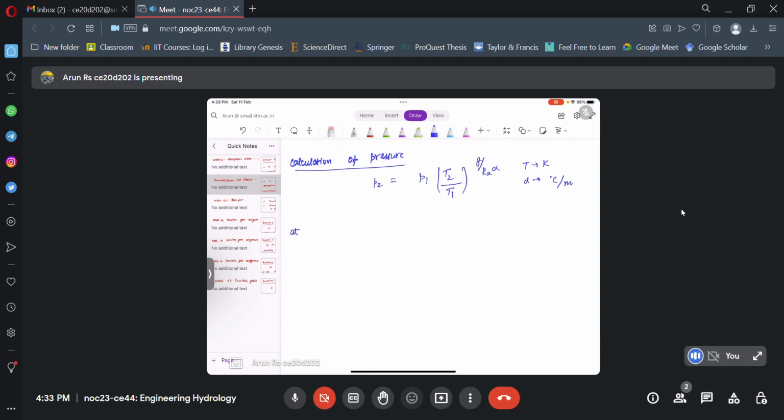So we are going to estimate the pressure at 3.5 kilometers.